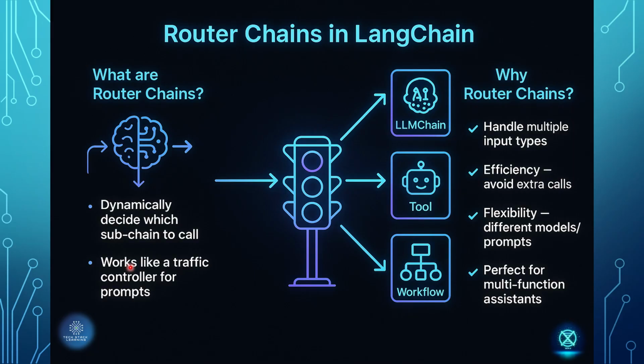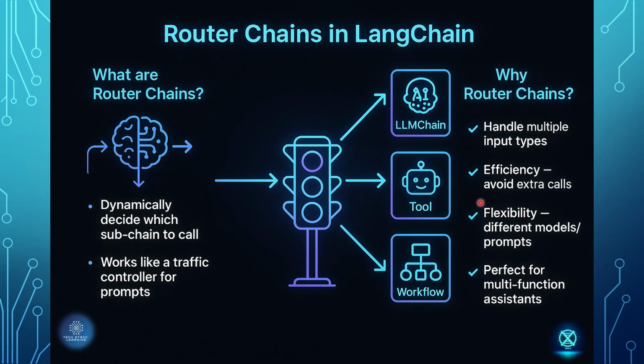You provide an input and the router decides which branch to go to. Each branch may be a different LLM chain or workflow. So the router chain will decide whether it should go to the LLM chain or a tool for the workflow.